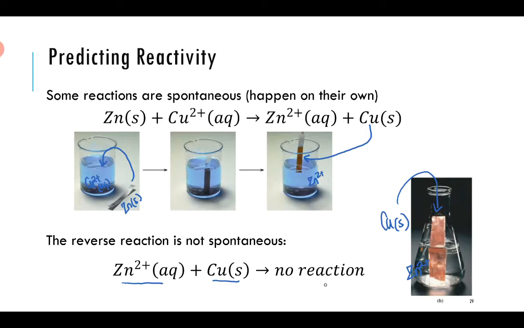There's no reaction at all. And so in one direction, the reaction is spontaneous, and in the other direction, it's not spontaneous. If we wanted this reaction to occur, we would have to put in more energy, an external force, in order to drive that reaction in that direction.